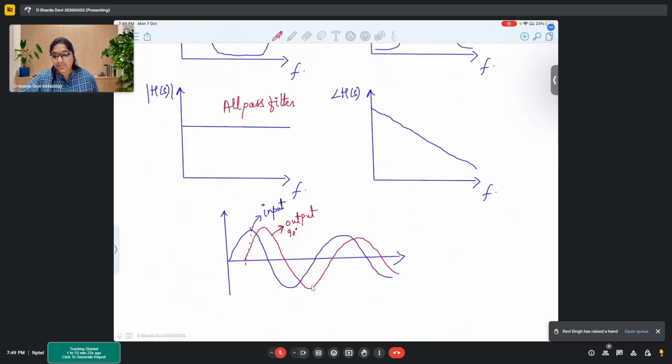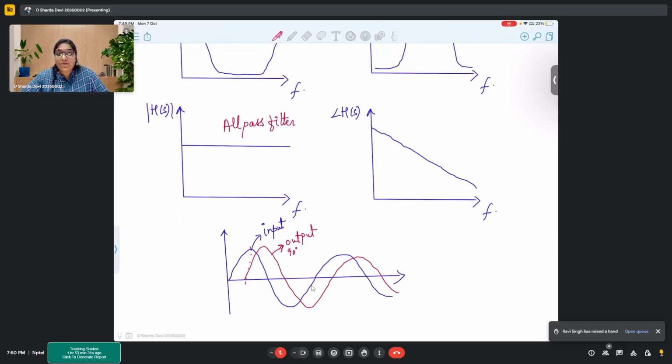Yes, any doubts? Yes, so in the all pass filter, the delay that is introduced is frequency dependent. Yes, it is frequency dependent. So it's not a constant phase delay. For a particular frequency, it will change.